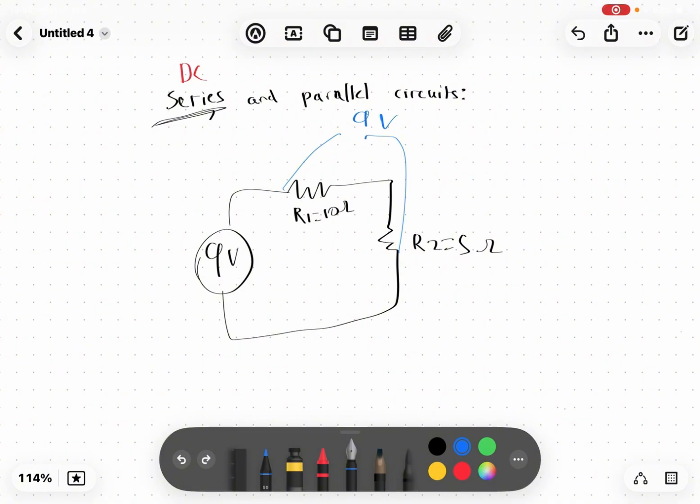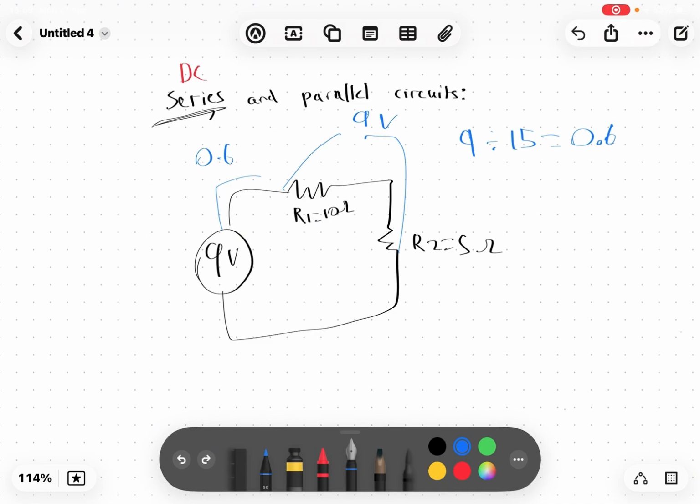So the way you measure voltage for each: the total current of the circuit is the voltage divided by how much resistance there is. So the answer is 0.6, and so the current is 0.6.